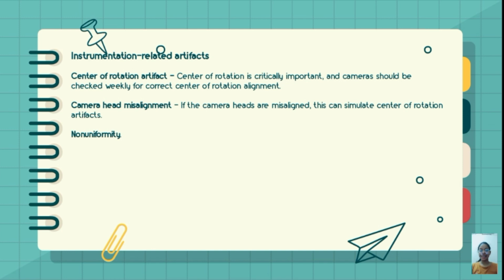The last is non-uniformity. If this artifact is present, imaging should not be performed on the camera until uniformity is corrected.